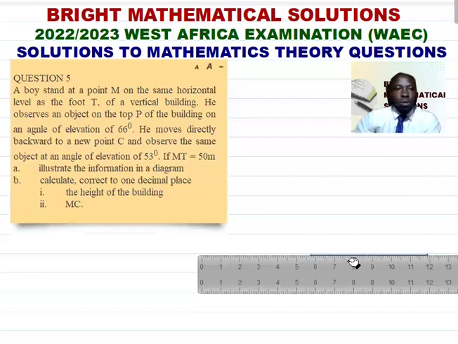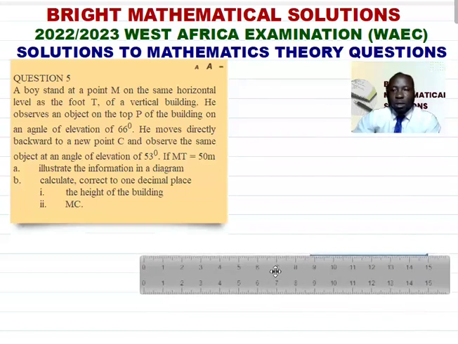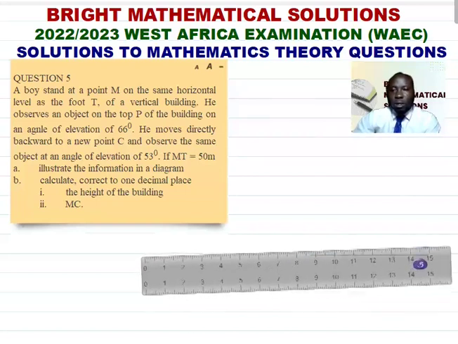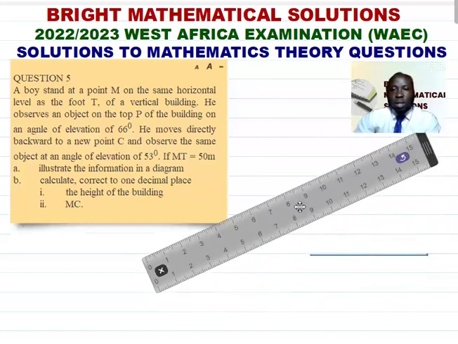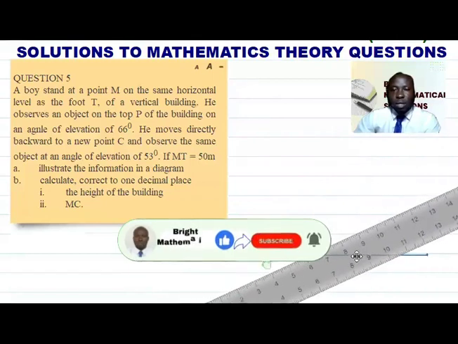Now the question says he observed an object at the top of the building on an angle of elevation of 66 degrees. Remember, this is where the boy stands. The boy is standing here, and he looks up.